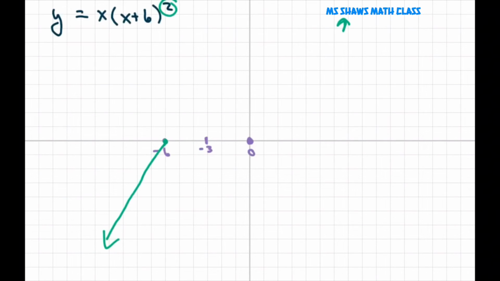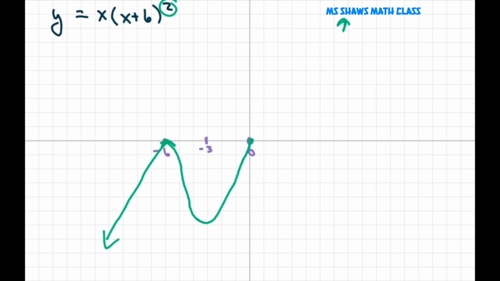That means I can't cross, I can only touch, so kind of make a U-turn. At negative 3, that would be 9 times negative 3, way down here at negative 27. But we're not worrying about our min and max values right now. We're just sketching a general idea of what the shape looks like.